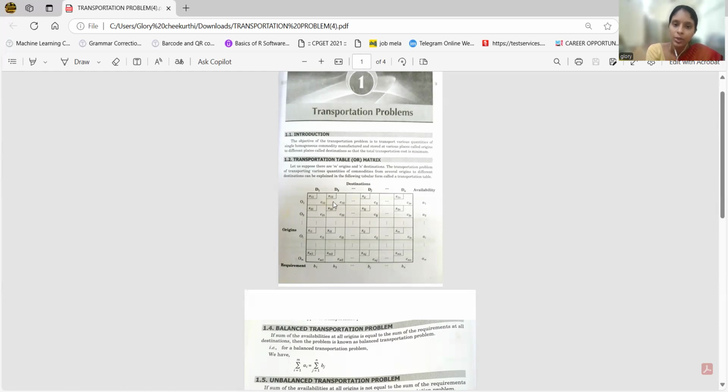X11, X12, Xij, and so on are the amounts of quantity we are transporting from origin 1 to destination 1. This is briefly the concept of the transportation problem.